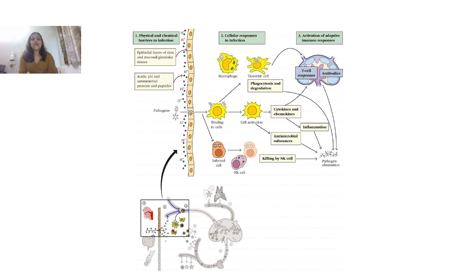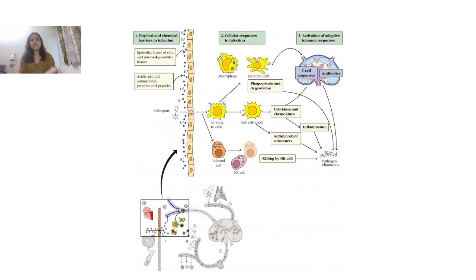Also, some acidic pH and antimicrobial peptides and proteins are secreted by our skin or other outer layers, so it is the primary barrier to infection. Whenever a pathogen is trying to enter, it has to go through the skin, the epithelial layers or the mucosal layers to enter our cells.